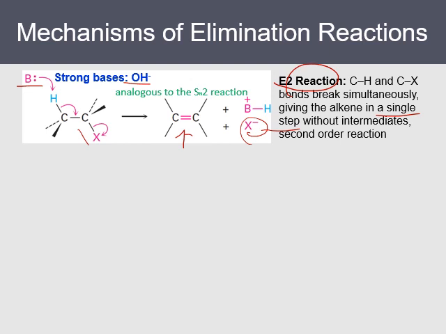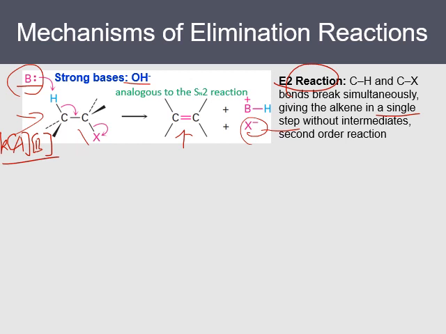And because the reaction involves 2 reagents, the strong base and the substrate or alkyl halide, the reaction is a second order reaction. So rate equals k[A][B]. And that's why it's called E2 elimination.